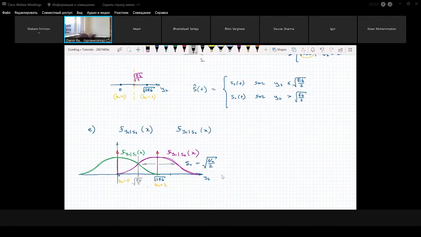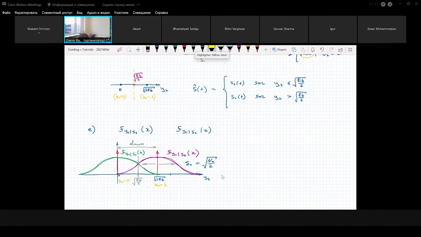Also, we say what the d min is. This is our minimum distance. And next, we're going to calculate the probability of bit error.